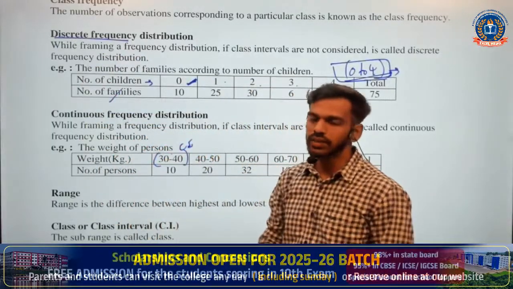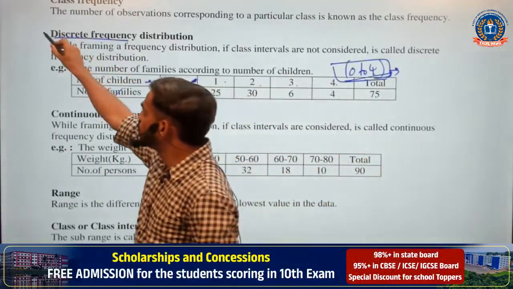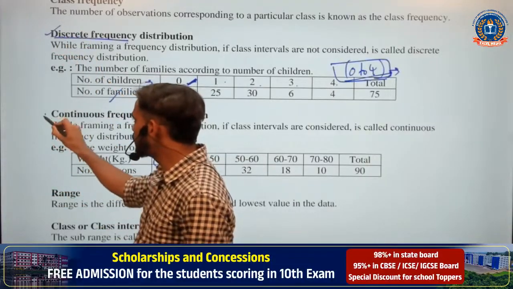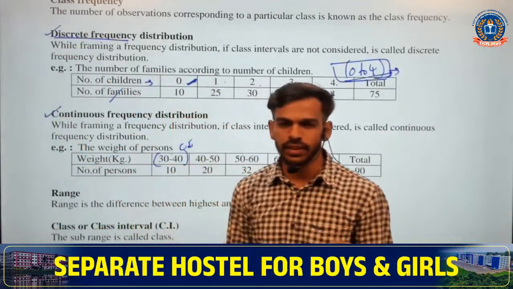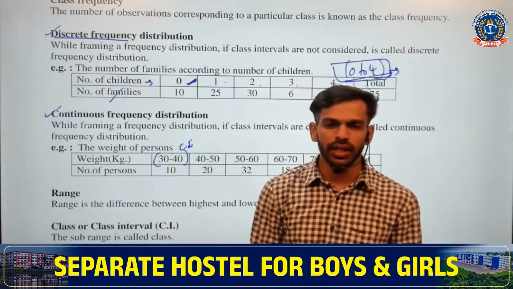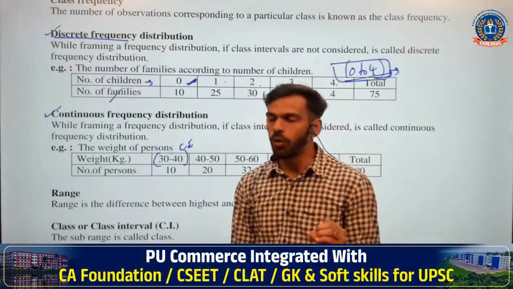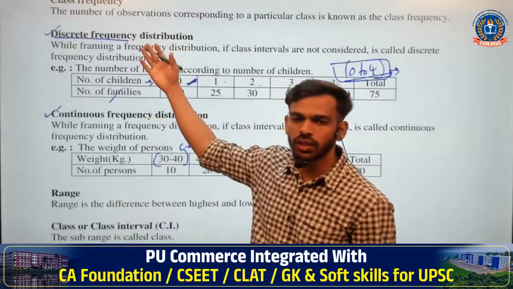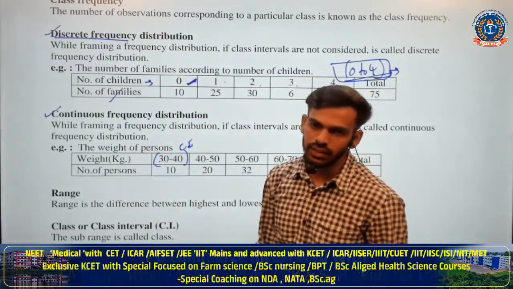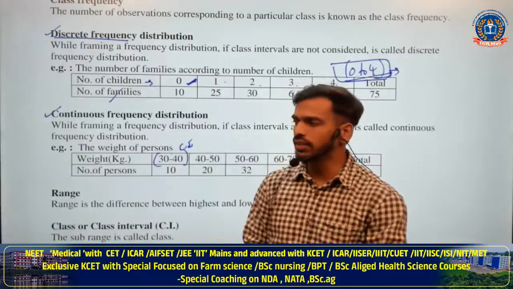There are two ways of frequency distribution: one is discrete frequency distribution, another is continuous frequency distribution. Discrete frequency distribution is where the range is very small; in other words, we don't construct class intervals under discrete frequency distribution.